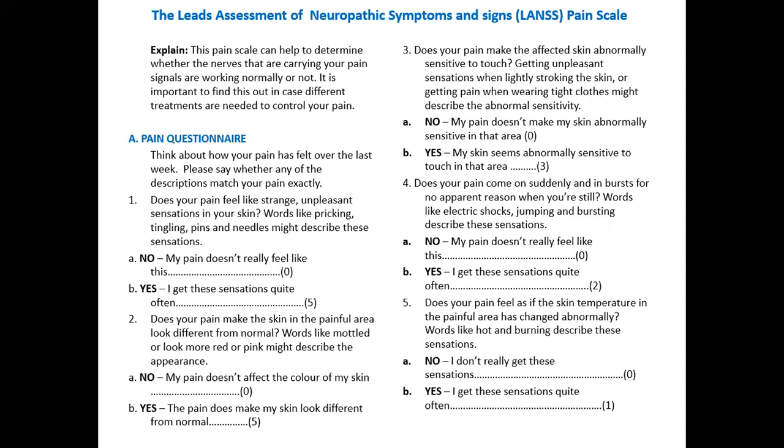The first part details what the patient is going through or what they feel. The pain questionnaire starts like: think about how your pain has felt over the last week and say whether any of the descriptions match your pain exactly. How are you feeling? And then you give these numbers.